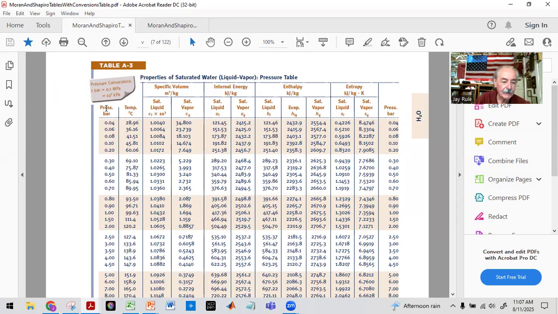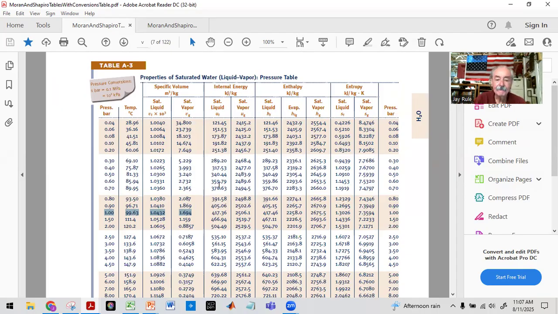Notice here how the pressure is tabulated in the left column, and let's pick off this one. 1 bar, that's 100 kPa. And let's look at the corresponding temperature, in other words, T_G, the boiling point temperature at 100 kPa. It's 99.63. So do you see that that sort of makes sense?